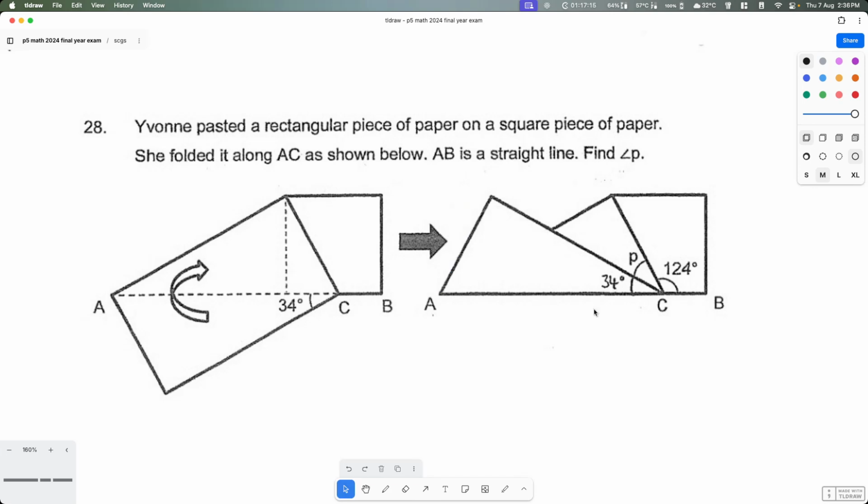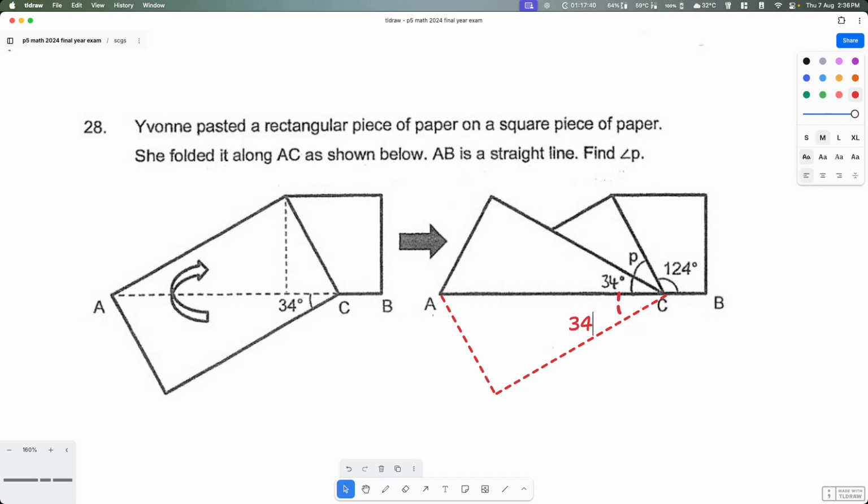Why this is 34 degrees is because if I were to draw this out, in red as well, A over here and C over here, they were folded like this. So that means this 34 degrees is also 34 degrees in this sense also.